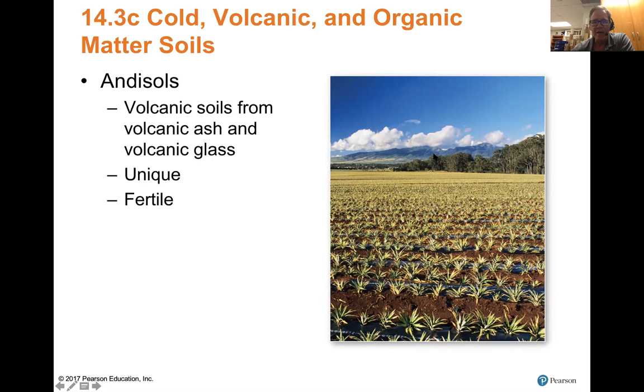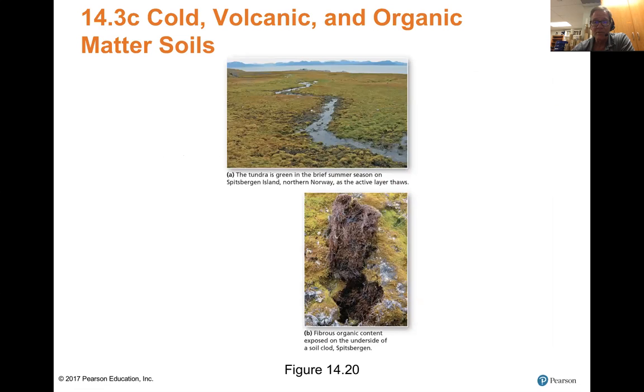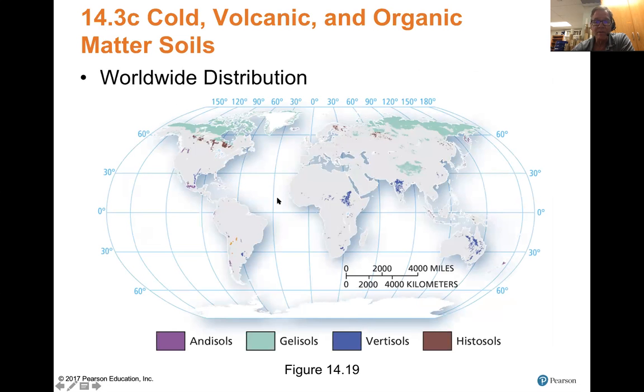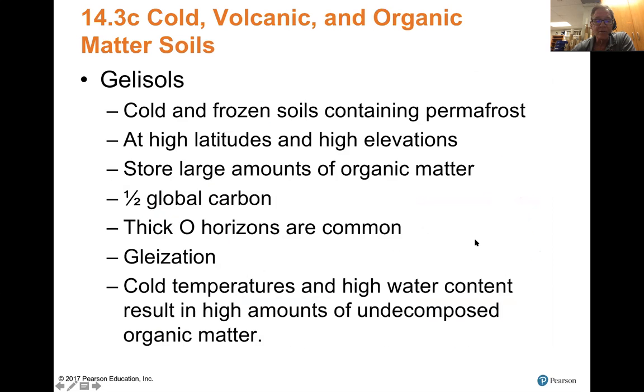You have your volcanic soils, which again, they're very unique, but they're also incredibly fertile, especially when you mix it with water. I'm going to go back very quickly, but notice, here in the Rift Valley of Africa, for example, and you'll see them over here in Australia as well.